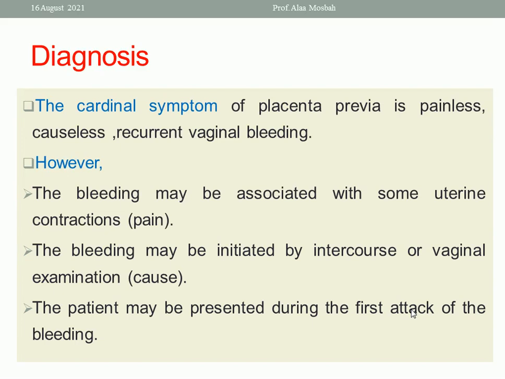This is the exception. It also may be initiated by intercourse. And lastly, the patient may present during the first attack of bleeding. But commonly it is painless, causeless, and recurrent.